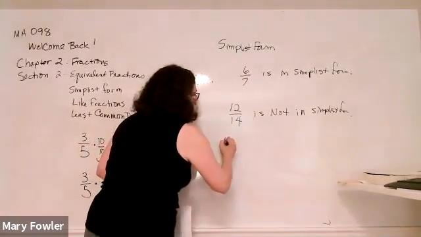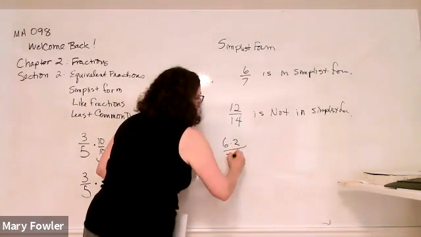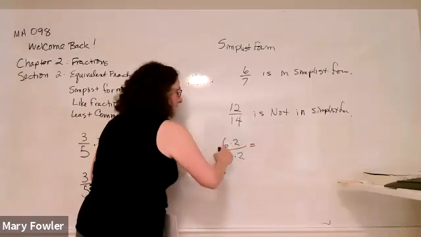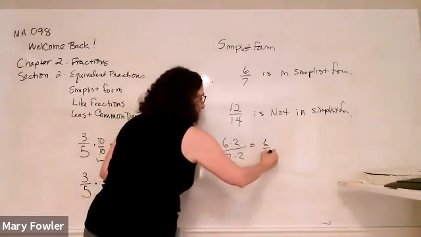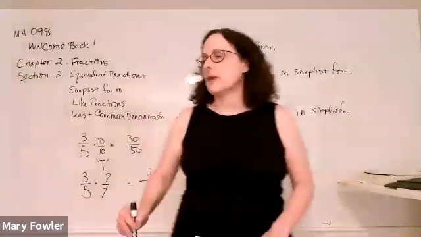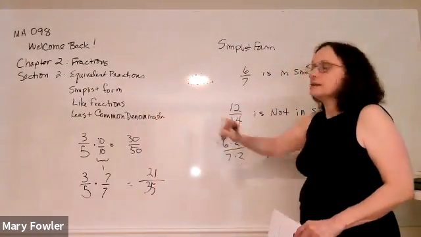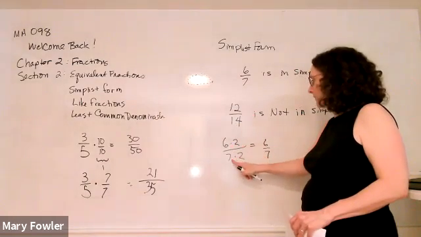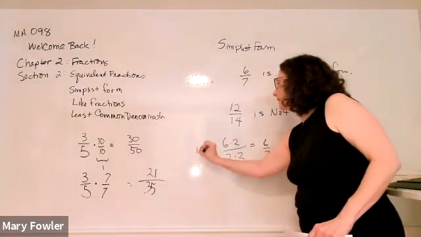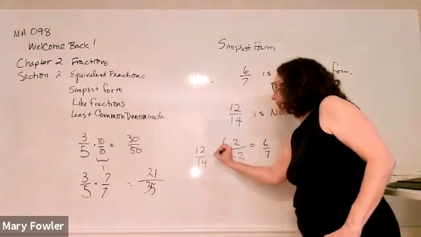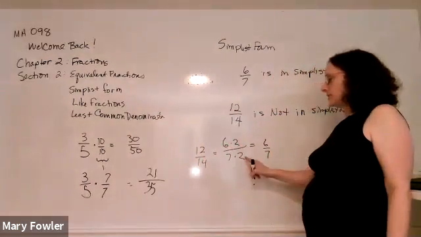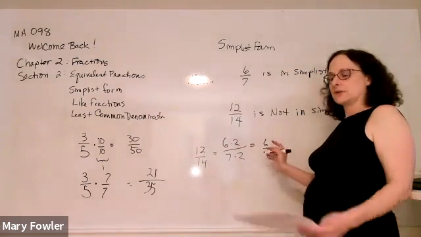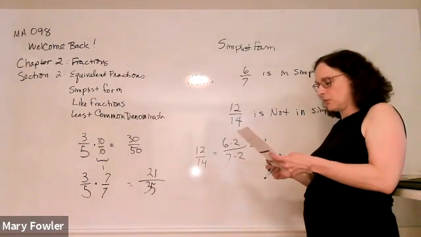So we can write this as 6 times 2 over 7 times 2, and we see that is then equal to 6/7, because that brings in the idea of the equivalent fraction. So 12/14 can be written as 6 times 2 divided by 7 times 2, and that gives us 6/7 as the simplest form.